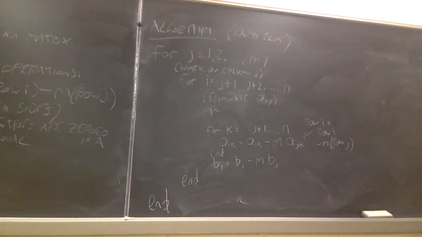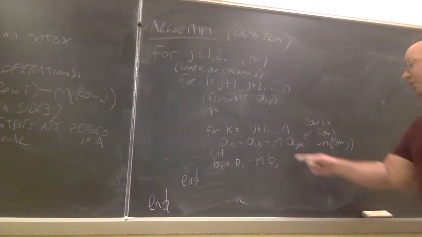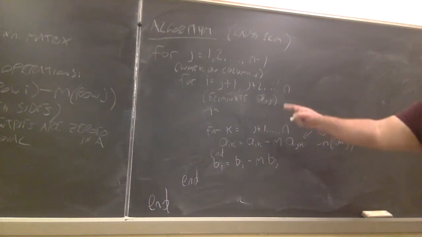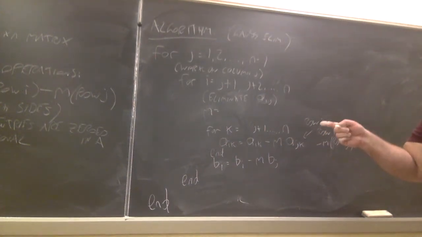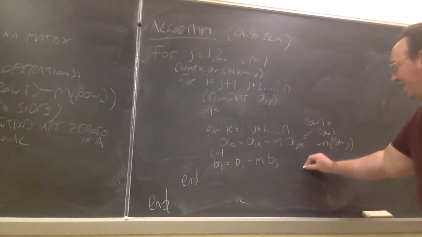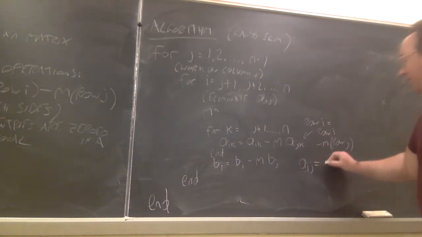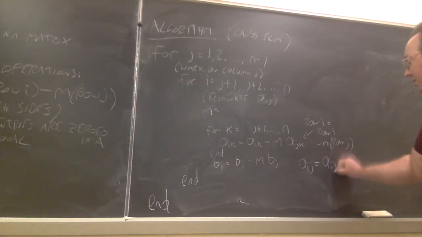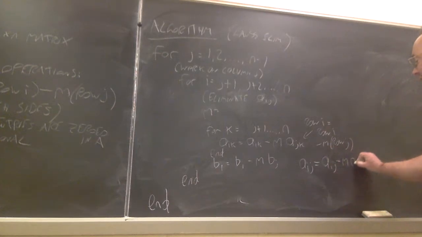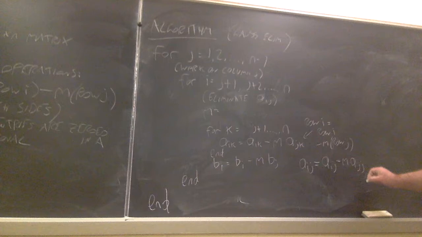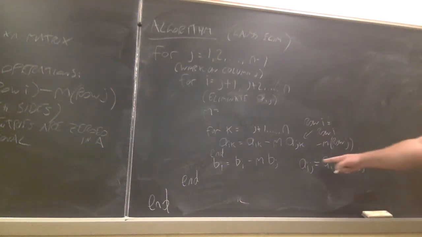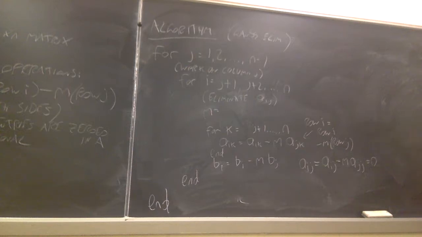Well, I'll show you how we get it. If you look at this row operation, look at column j, where we actually want to eliminate something. a_ij is equal to itself minus m a_jj. And we want the result of this to be 0.